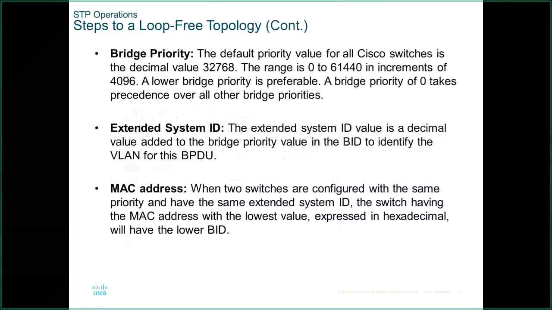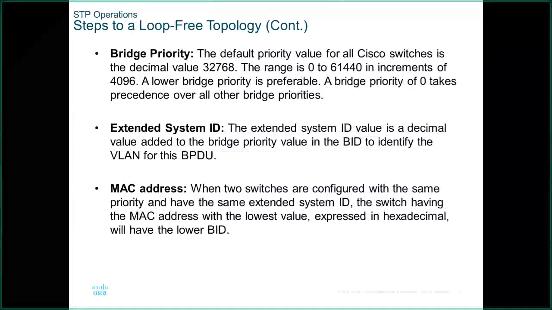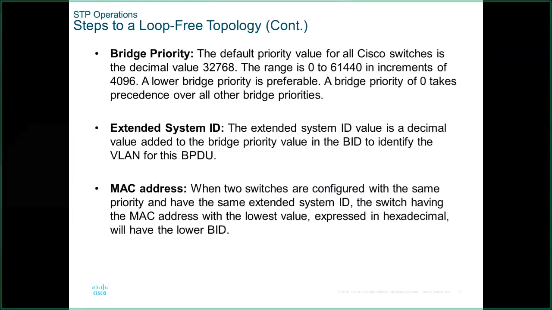So bridge priority is a decimal value and the range increments between 0 and 61,440 in increments of 4,096.